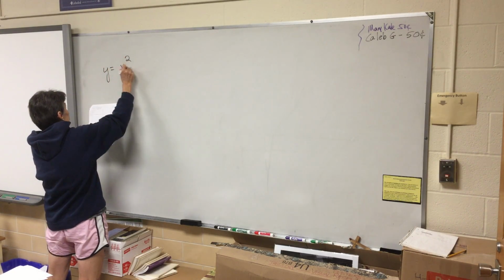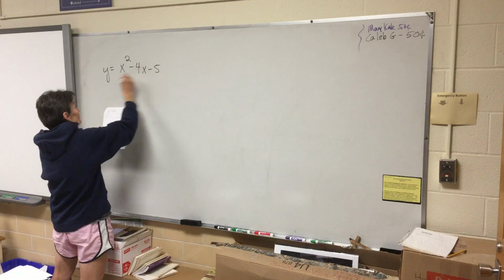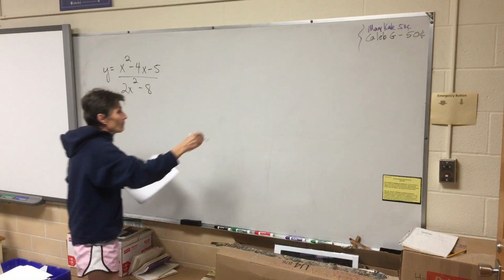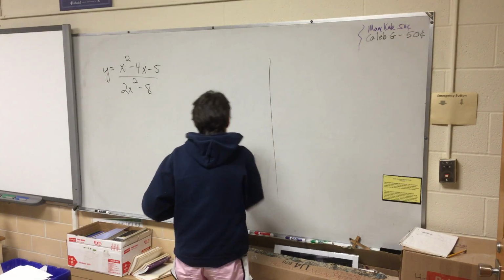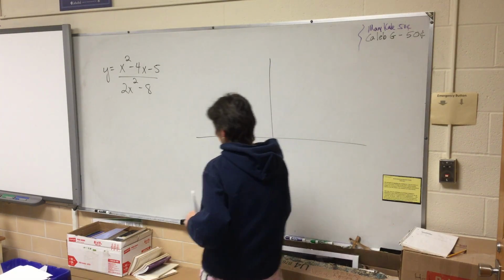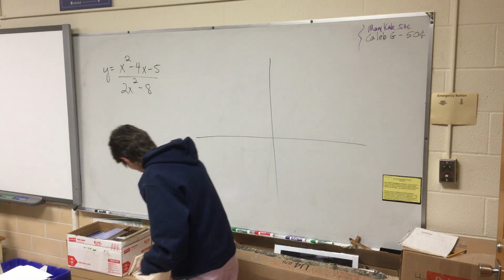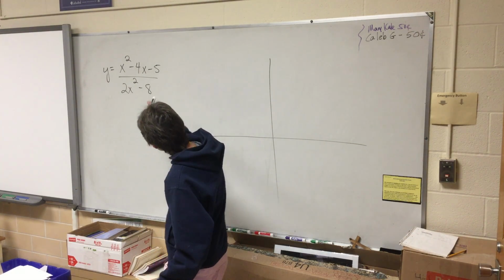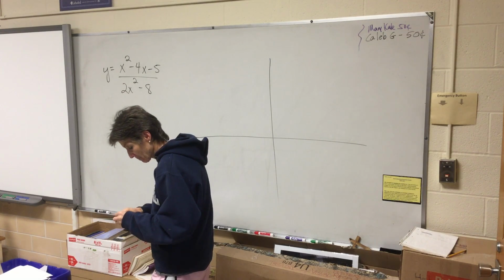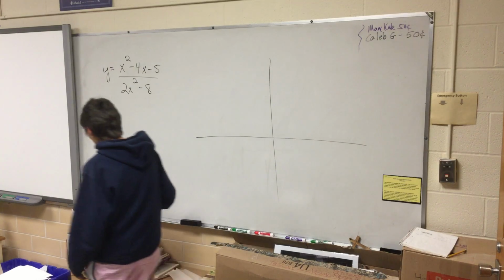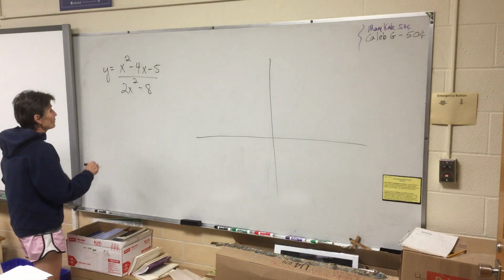What do we have to put in? Asymptotes. Yeah, we gotta put in some asymptotes. And you're not gonna be able to put in your asymptotes until you do what to your problem? What are we gonna do first with our problem? Factor. Yes, thank you. We're gonna factor this guy.